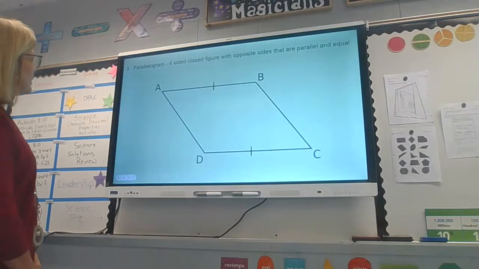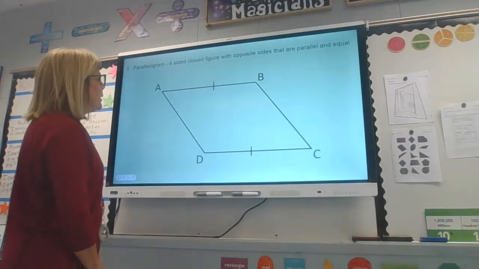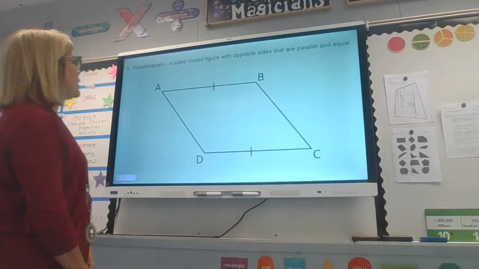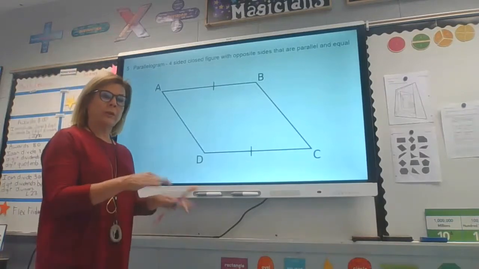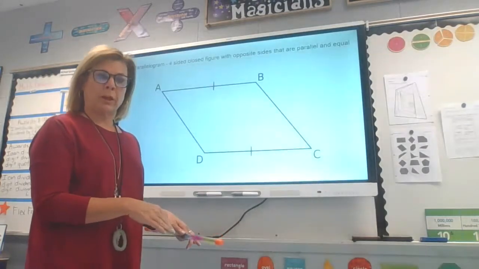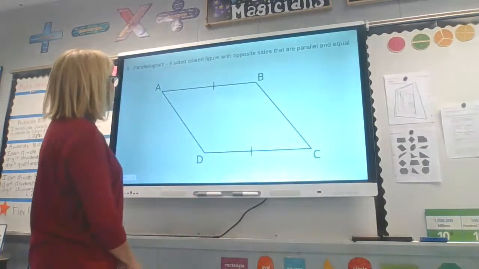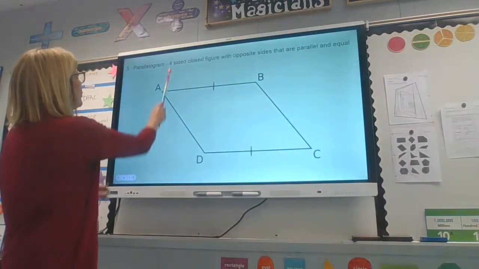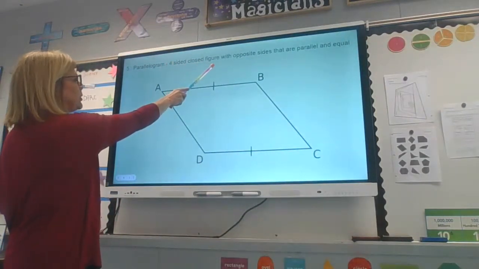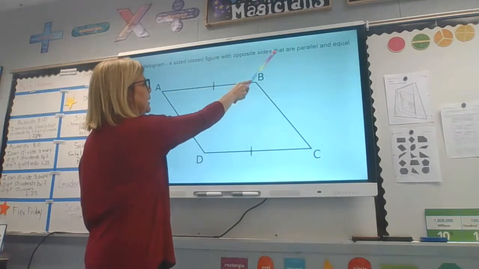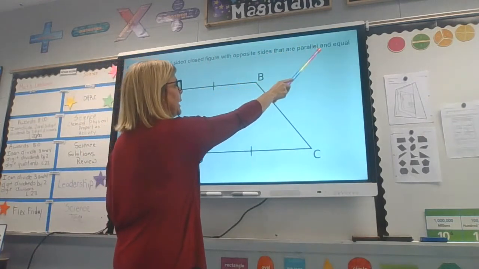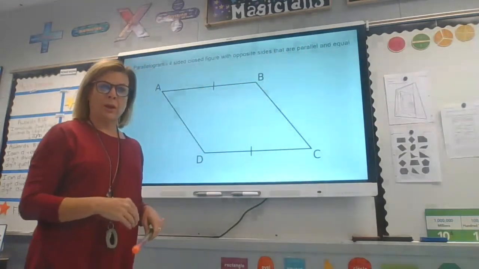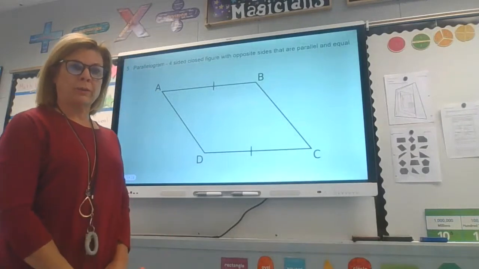Okay, this parallelogram is a four-sided closed figure, just like we said about the shape prior to this. Four-sided closed figure with opposite sides that are parallel and equal. So we have a lot of information going on with this slide.